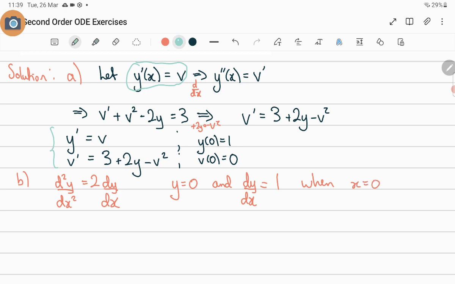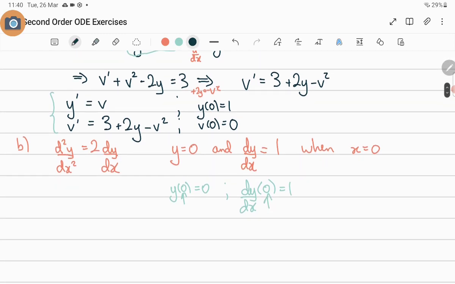So this is just another way of writing y of 0 is equal to 0. When x is equal to 0, y is equal to 0. And then the other one, dy dx, you could write this in various ways. Dy dx as a function of x, so when x equals 0, you get out 1.